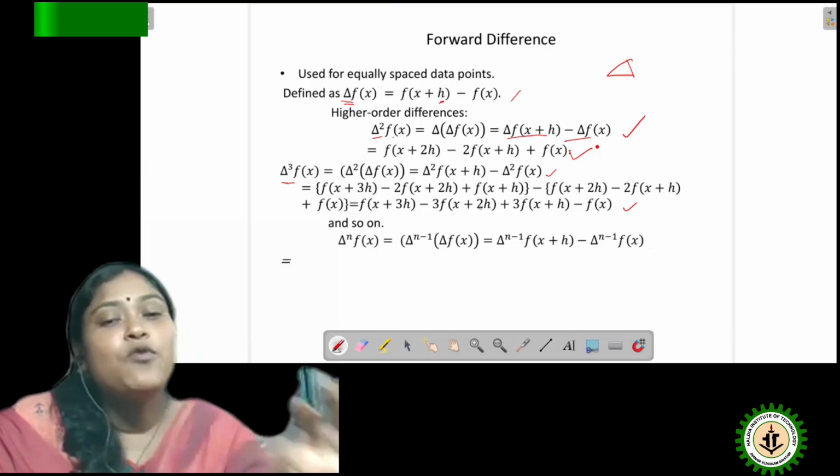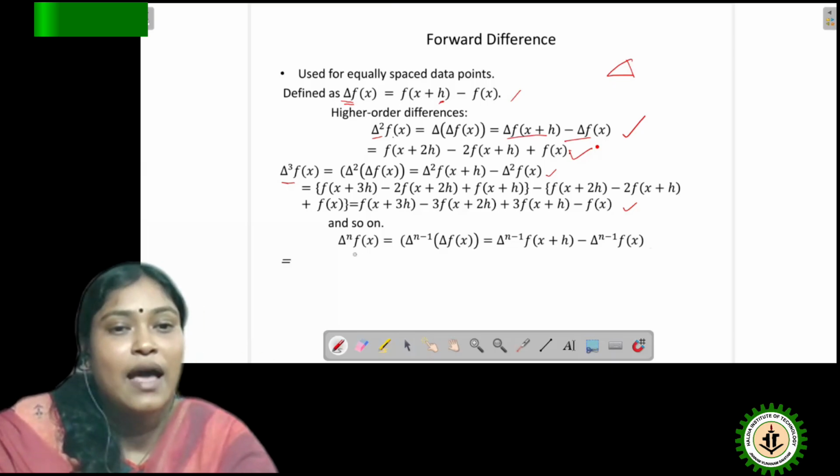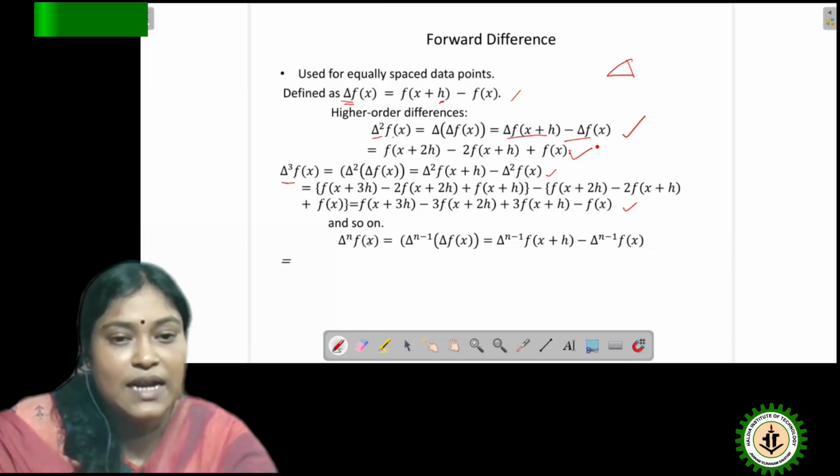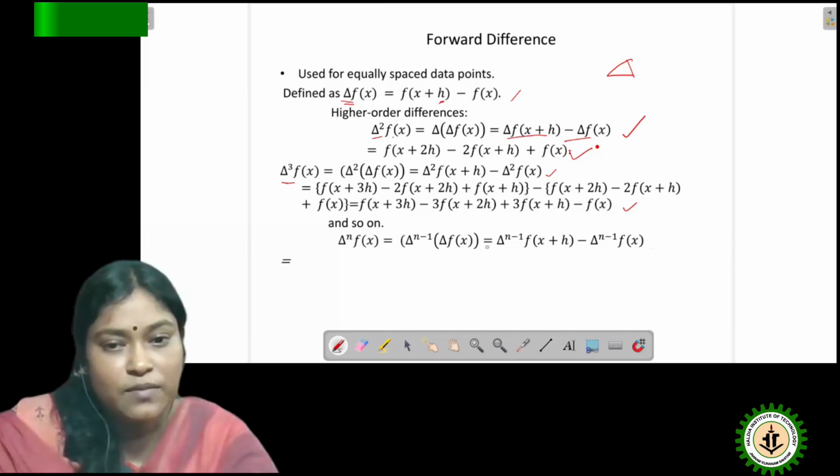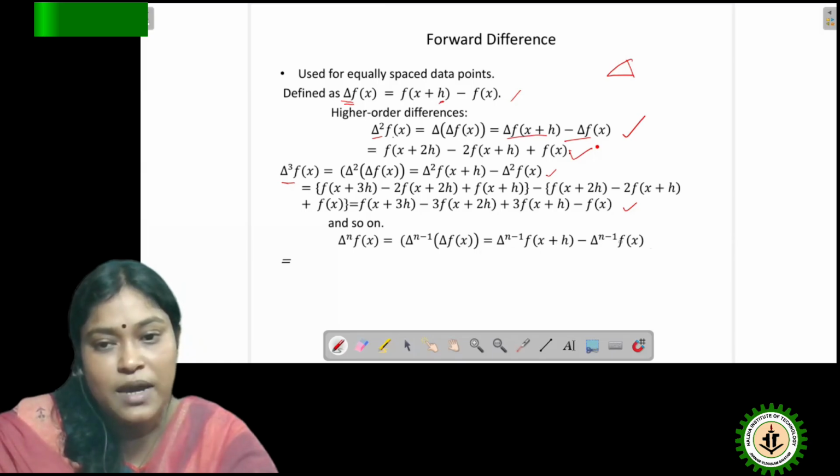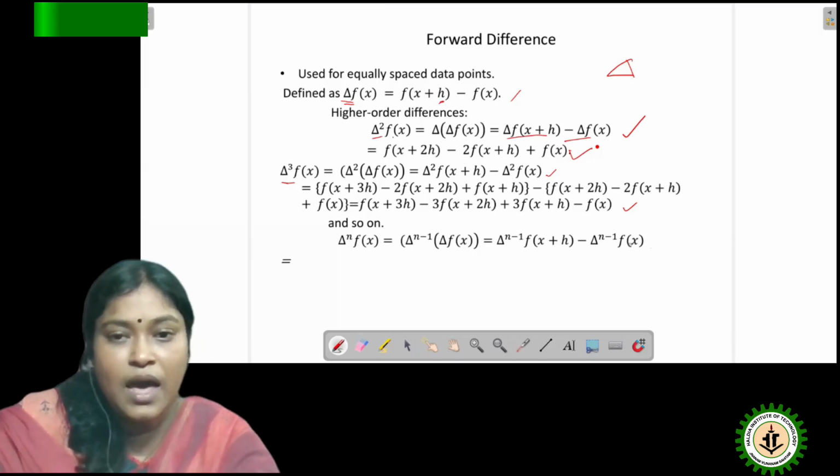Now we can proceed in the same way, and lastly we will get delta to the power n f(x), which is nothing but delta to the power n minus 1 f(x plus h) minus delta to the power n minus 1 f(x).